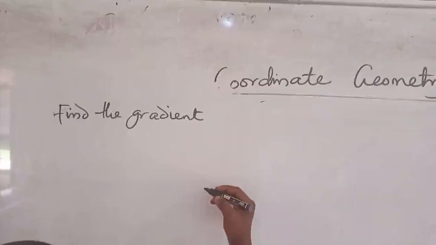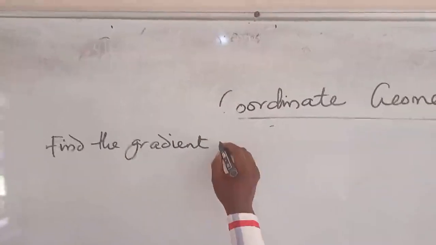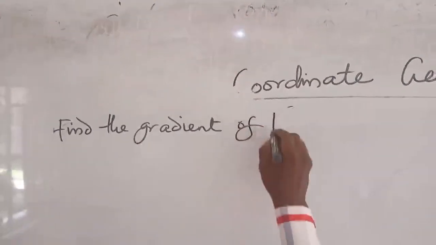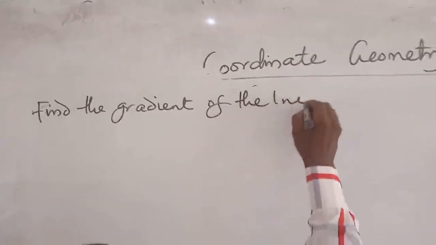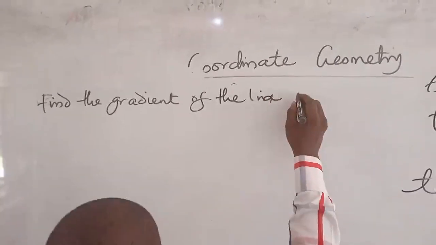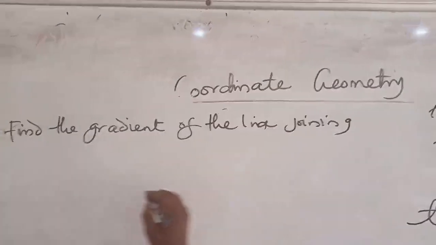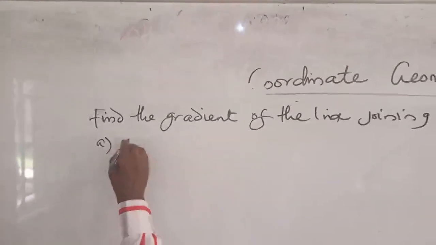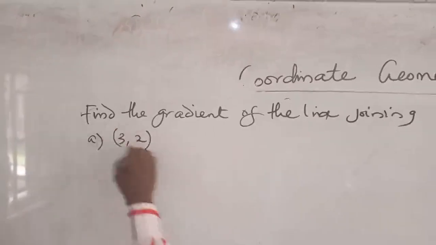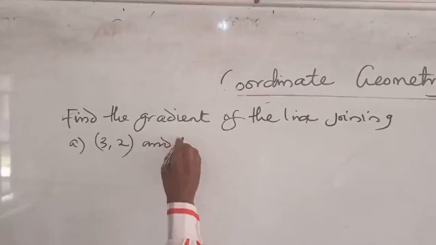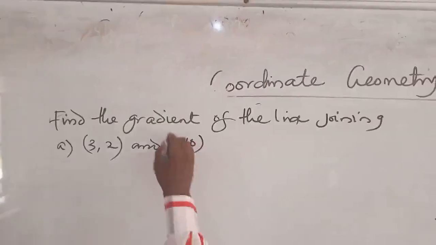Find the gradient of the line joining A, (3, 2) and (7, 10).